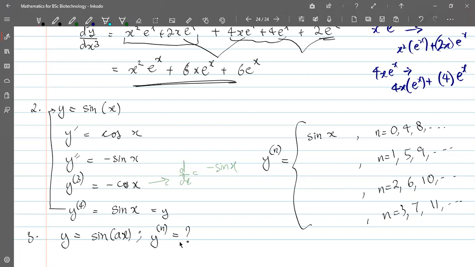So e power ax is actually the simplest one of these. So try that. Other functions are maybe a little more difficult, but still you can take something like x power n and do it. So x power n, or let's say x power k, and you can find its nth derivative for a general value of k, a general value of n, where k is also some positive integer.